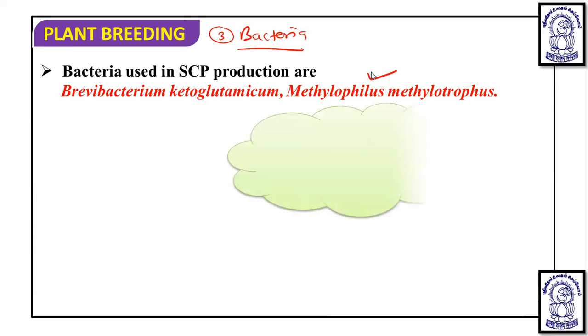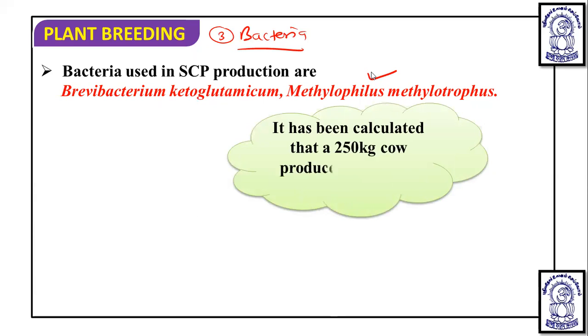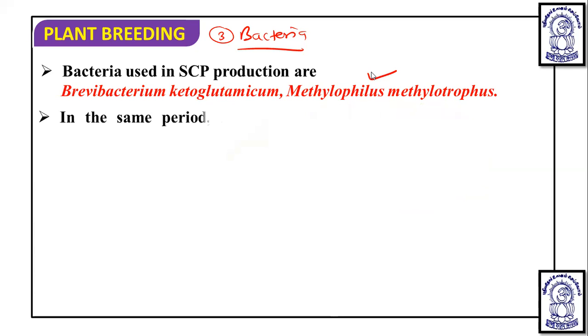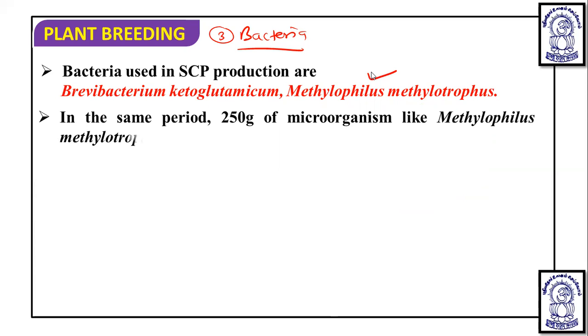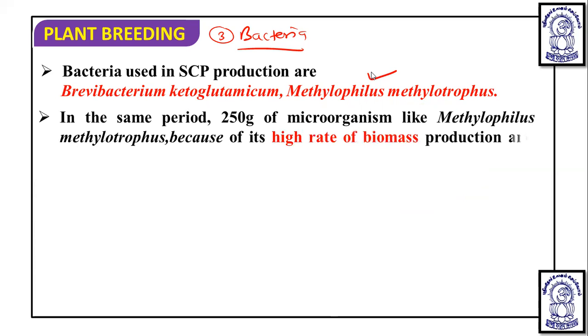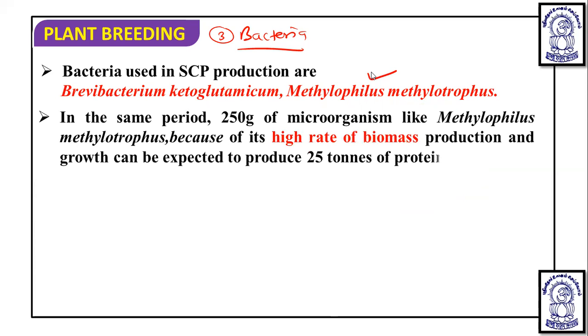It is estimated that a 250 kilogram cow produces 200 gram of protein per day. But in the same period, 250 gram of bacteria like Methylophilus methylotrophus, because of its high rate of biomass production, can be expected to produce 25 tons of protein per day.